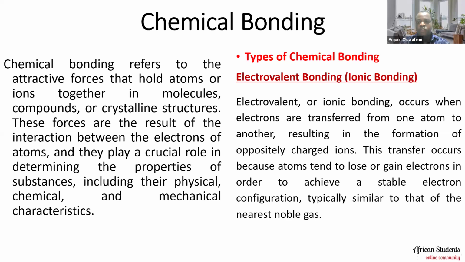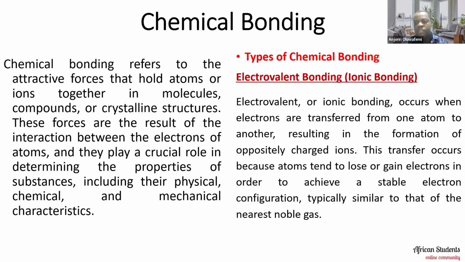The first one we are considering is electrovalent bonding or ionic bonding. Electrovalent or ionic bonding occurs when electrons are transferred from one atom to another, resulting in the formation of oppositely charged ions. This transfer occurs because atoms tend to lose or gain electrons in order to achieve a stable electron configuration, typically that of the nearest noble gas.